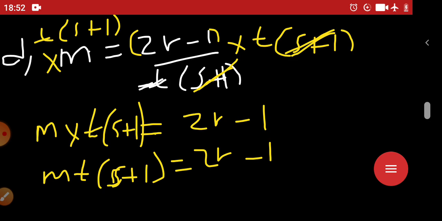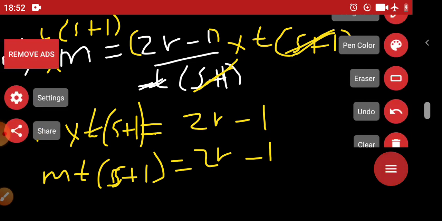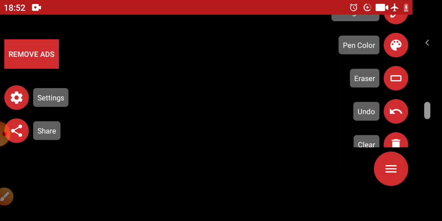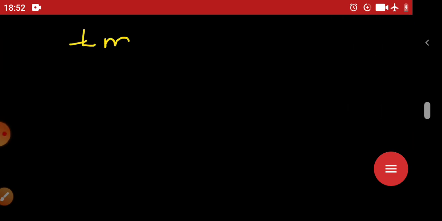Here we want to make T the subject of the formula. So we have MT(S plus 1) equal to 2R minus 1. Maybe now I can take the T from here just for convenience, and then here I'll have S plus 1, and this should be equal to 2R minus 1.